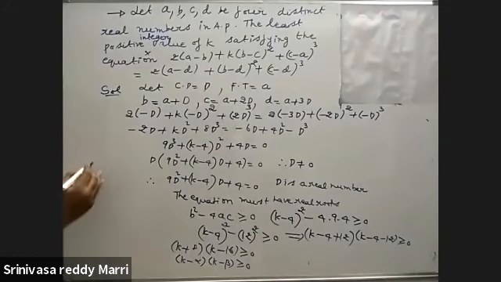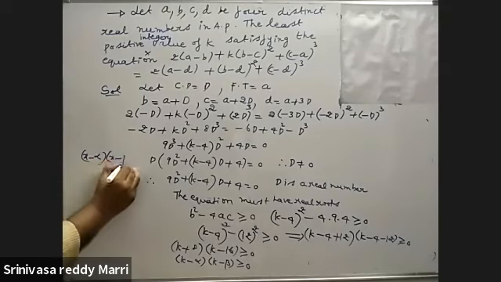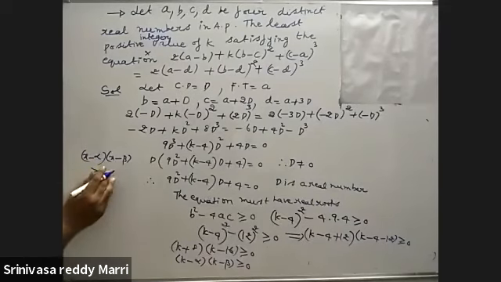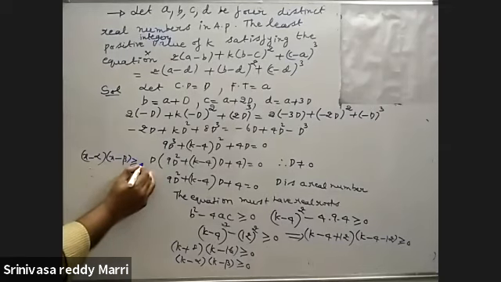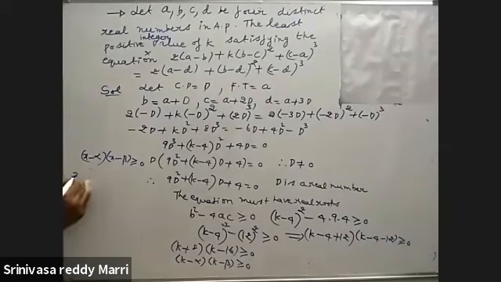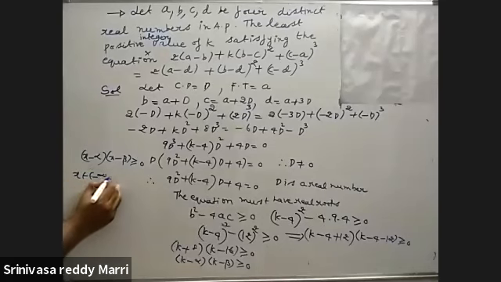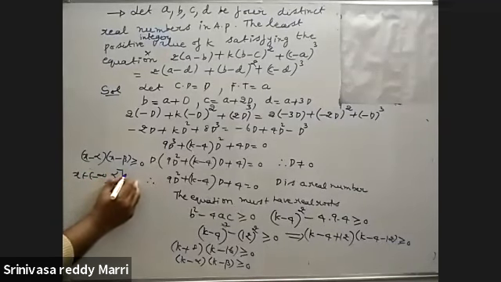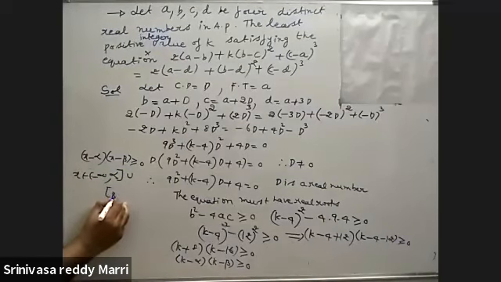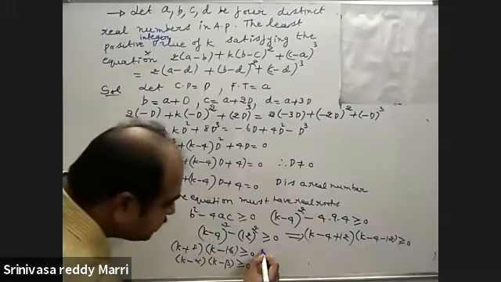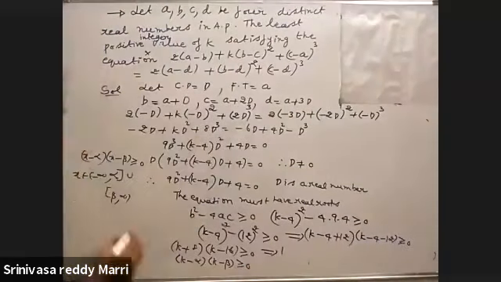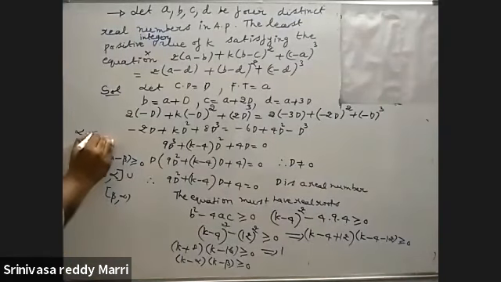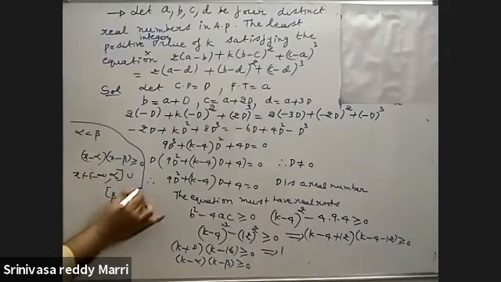So I have told in the quadratic equations, or otherwise remember this formula, x minus alpha into x minus beta greater than or equal to 0. What is the answer? X belongs to minus infinity comma alpha union beta comma infinity, where alpha is less than beta.